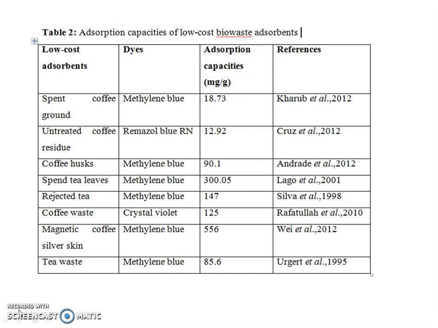In the case of a graph, you have to label your x-axis and your y-axis. Now in the case of a table, you also need to label your columns or your rows, depending on the design of your table. In this particular example, our columns are labeled. The label of the first column is low-cost adsorbents, the label of the second column is dyes, and the label of the third column is absorption capacities.